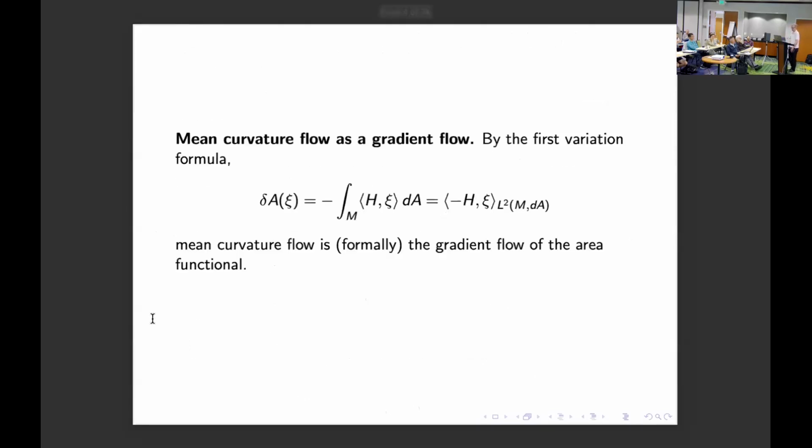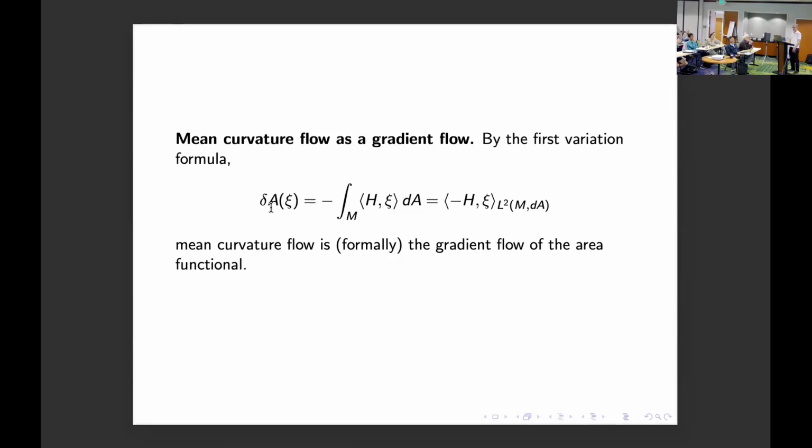Now, another view is that the mean curvature flow is a steepest descent evolution. You think of the space of all submanifolds of Rn as some sort of formal infinite dimensional Riemannian manifold with the L2 metric, and then this is a gradient flow. This is basically a reinterpretation of the first variation formula for area.